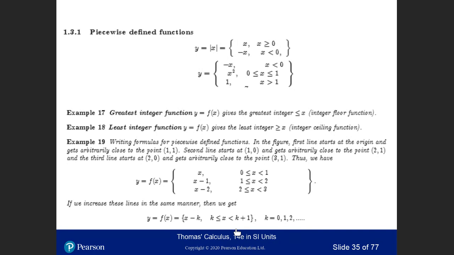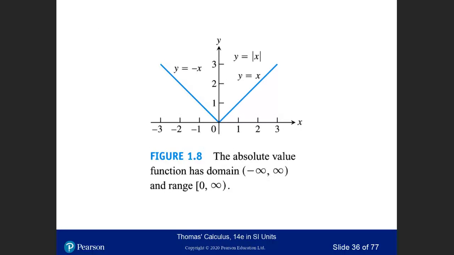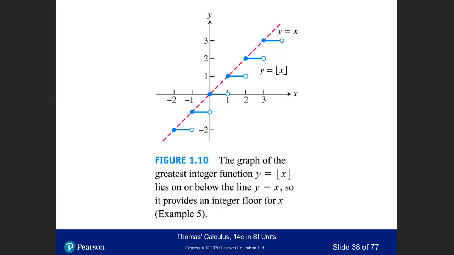So these are lines which are parallel to each other. Each starts from the x-axis and goes one unit up. Okay, these were a couple of examples for piecewise defined functions. We have seen the graphs.